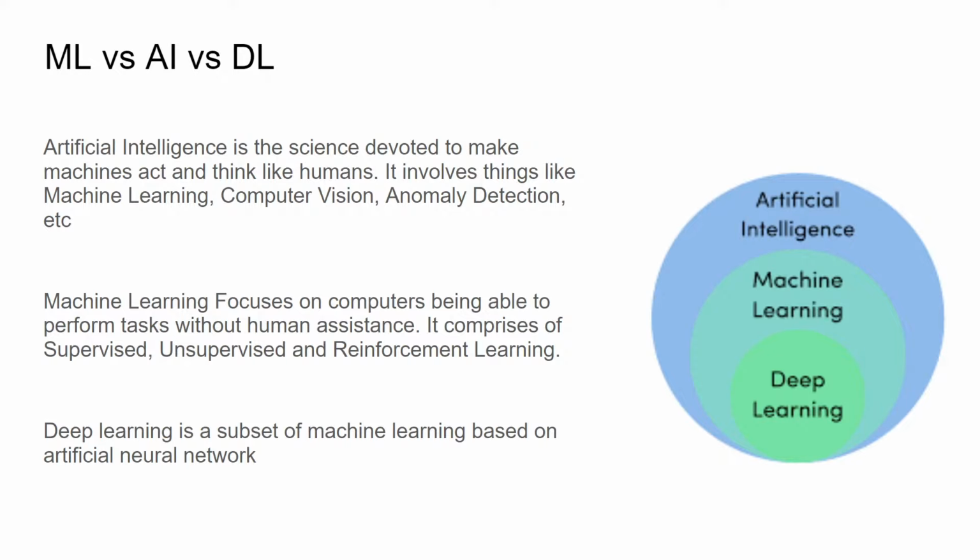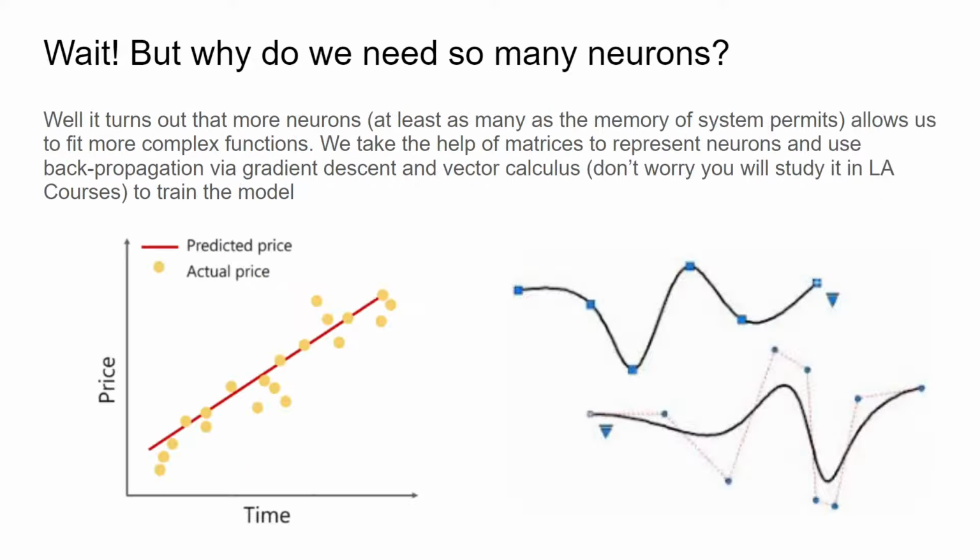Now deep learning is a subset of machine learning, where we use a specialized type of machine learning model, which is the artificial neural network, and we use very deep layers in those. That's where the name deep learning comes from. We'll take a look at the deep learning part today.